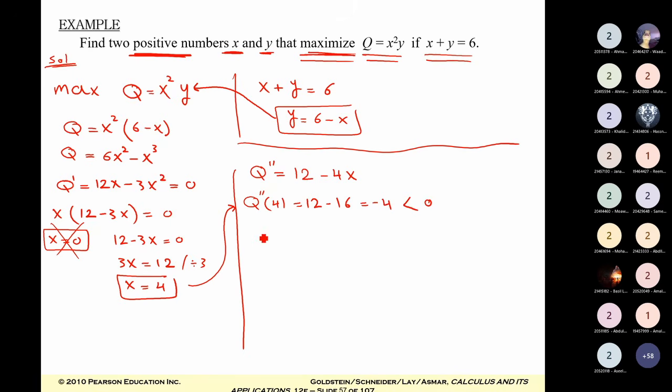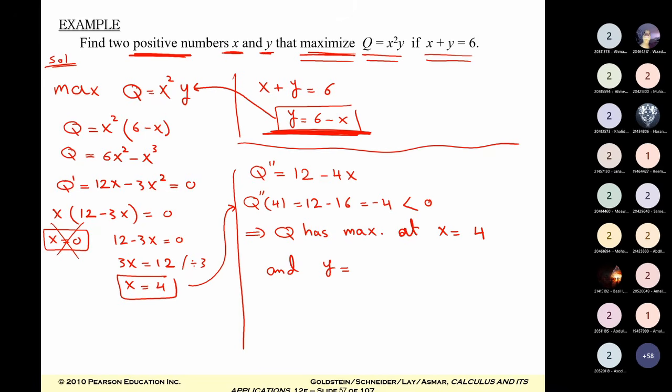Okay, now we can conclude q has maximum or minimum? Maximum, because the second derivative is negative at x equal 4. And the value of y equal what? This is the value of y.